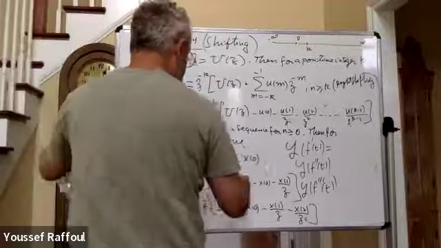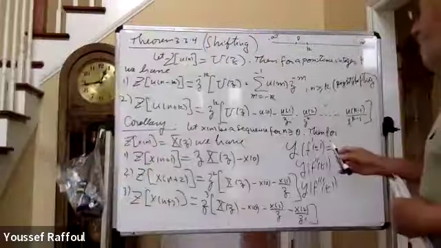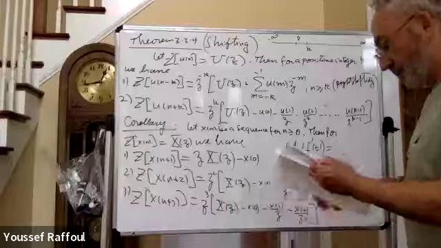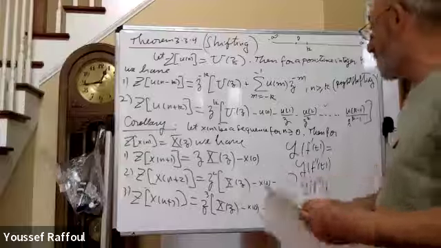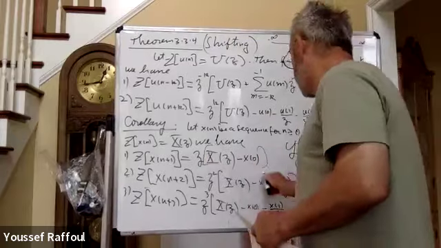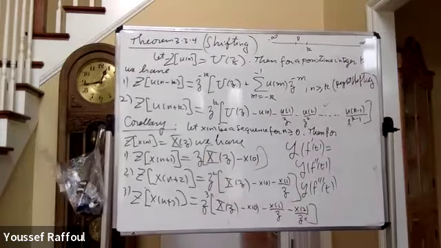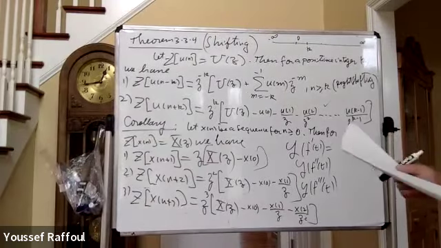Hey, Professor, for bullet point 1 you just have z multiplied by X(z), but then for 2 and 3, z squared is multiplied by the entire sequence. Is there a parenthesis there? Okay. Yeah, this is correct. Just give me a second here. Minus zx_0.